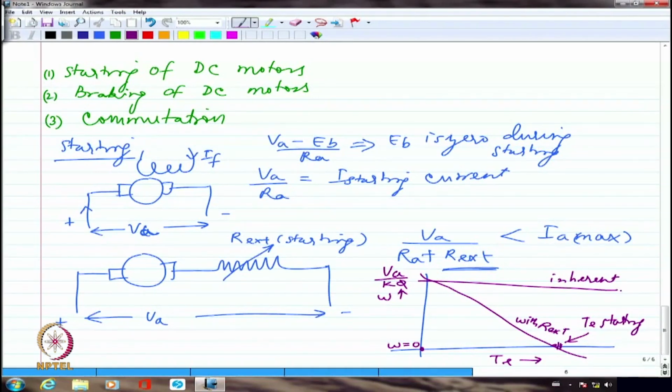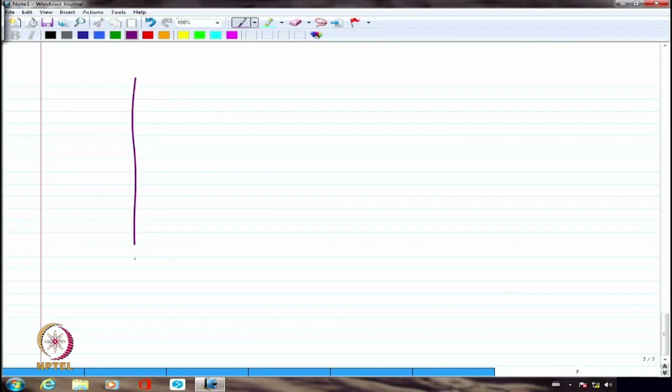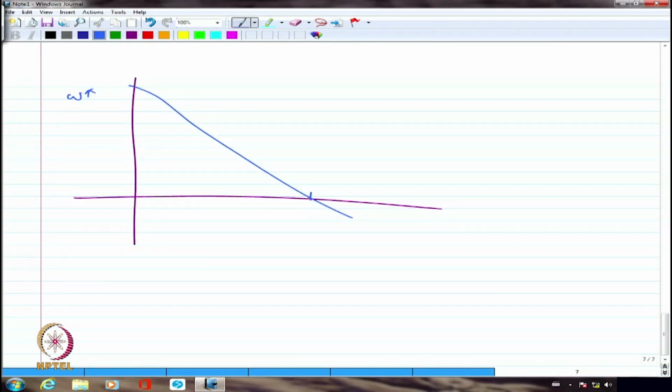Imagine if I had extended this line, how much would have been the starting torque? Extremely large. Let me draw that as well. If I don't include any external resistance, I showed first of all, with inclusion of external resistance, this is the starting torque. Right? So this is TE and we call this TE starting.